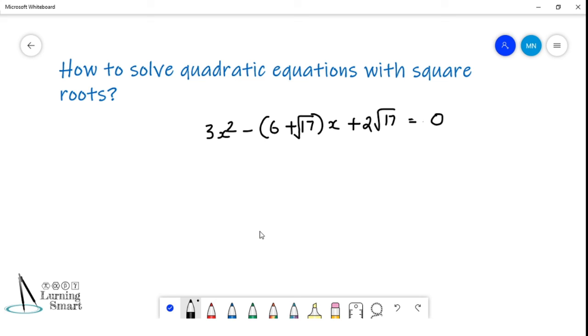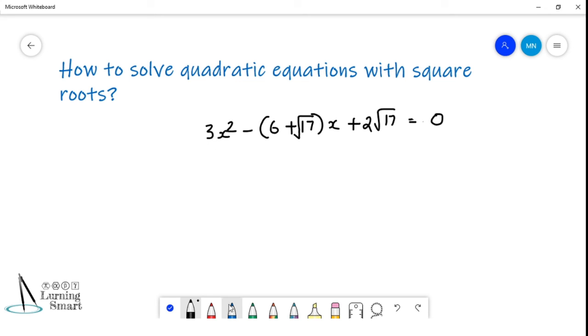So this is the next question. 3x square minus (6 plus root 17) x plus 2 root 17. By first look it seems very difficult, but it is very easy. It is like any other quadratic equation. What is the first step?